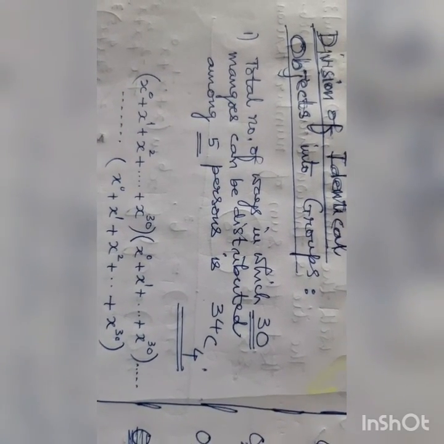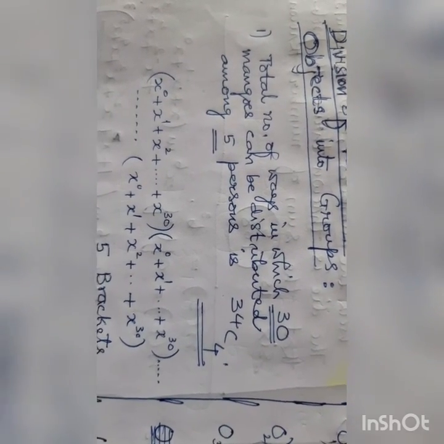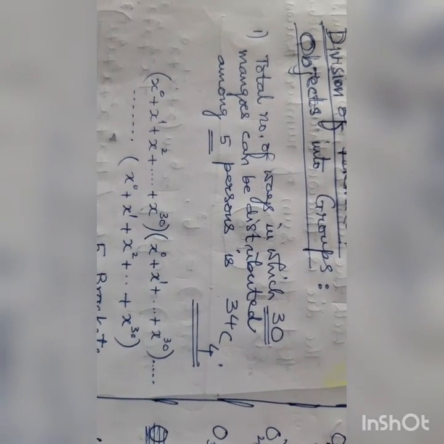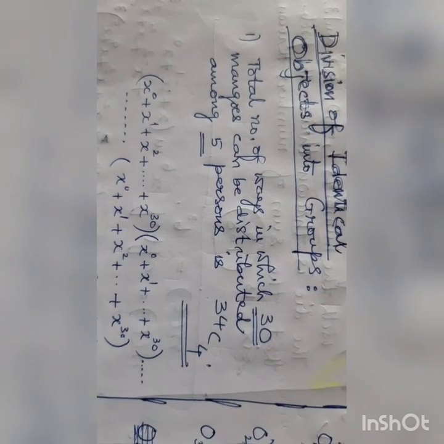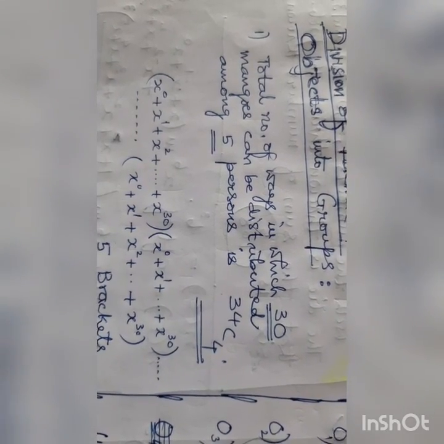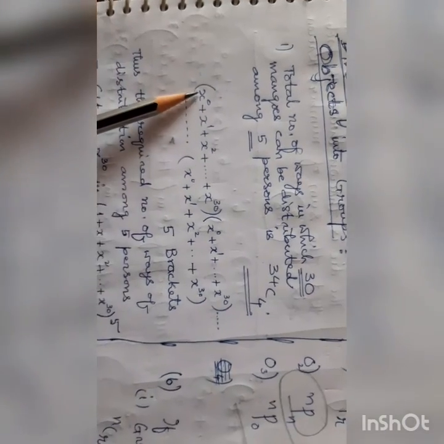Okay, now come to the point. Here 30 mangoes are there. How many persons? 5 persons are there. Take the first person.